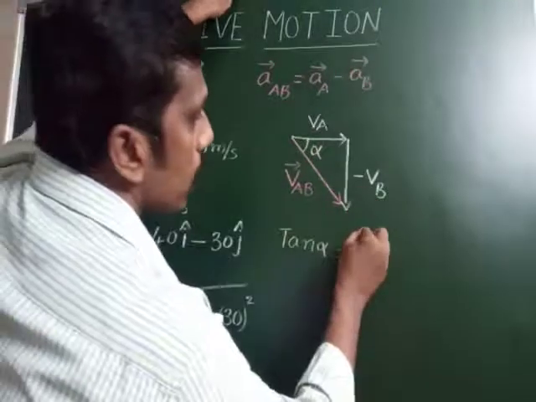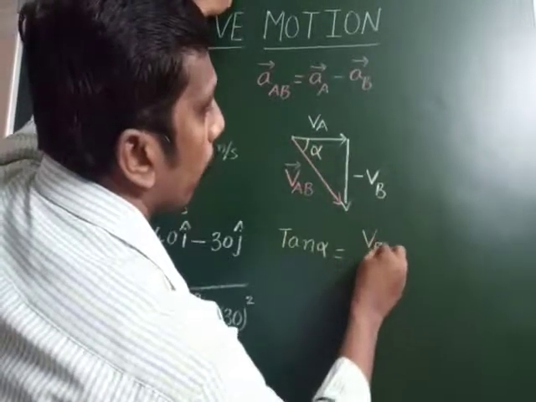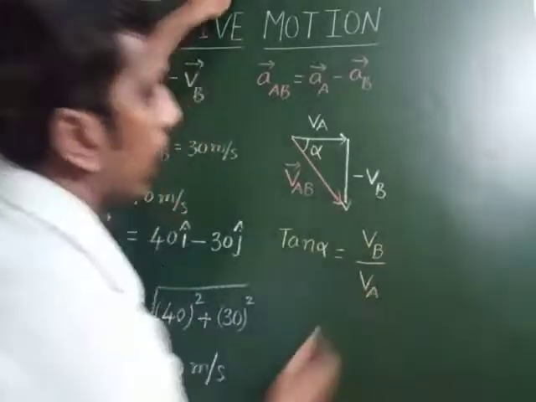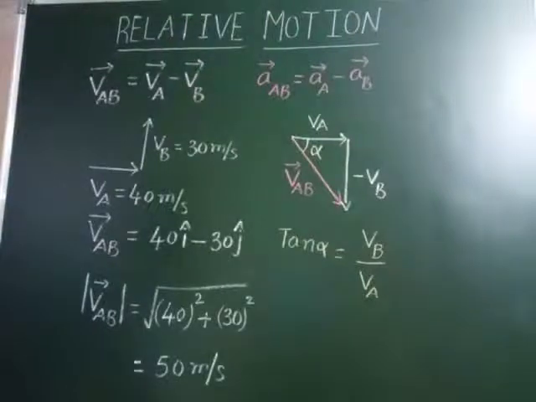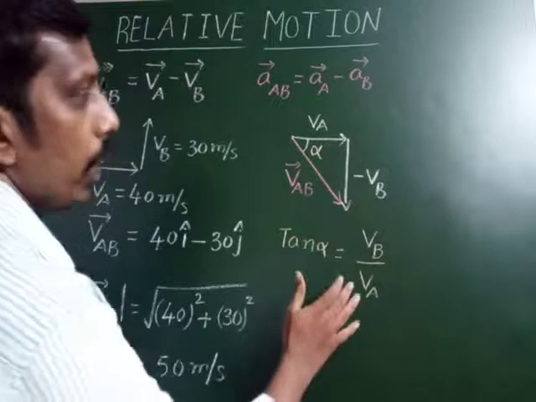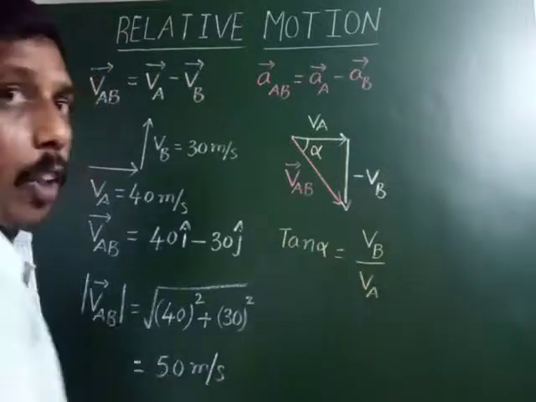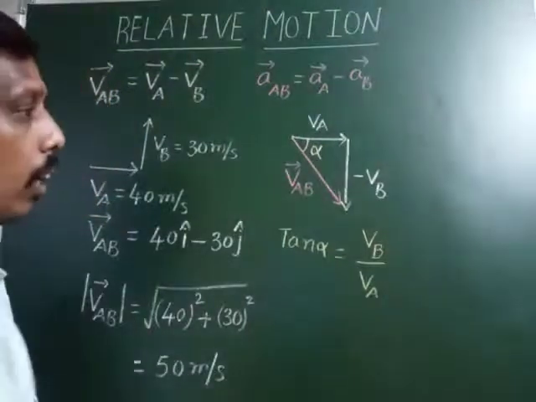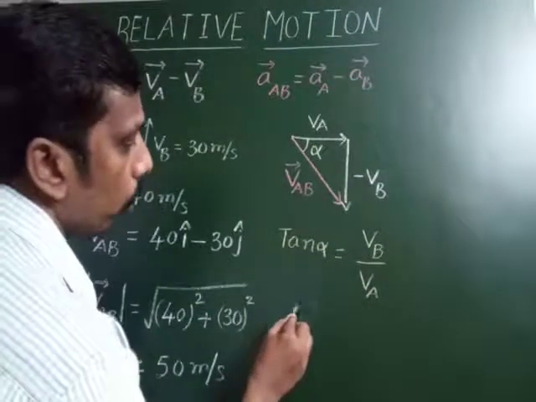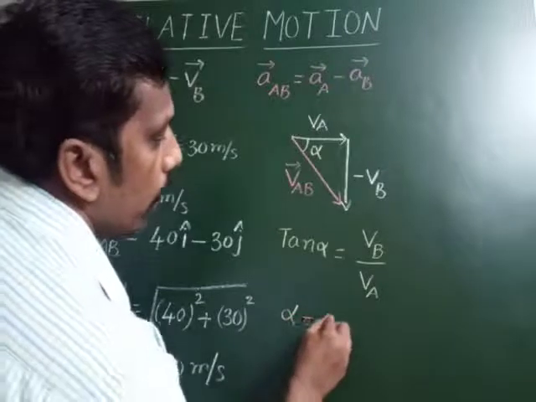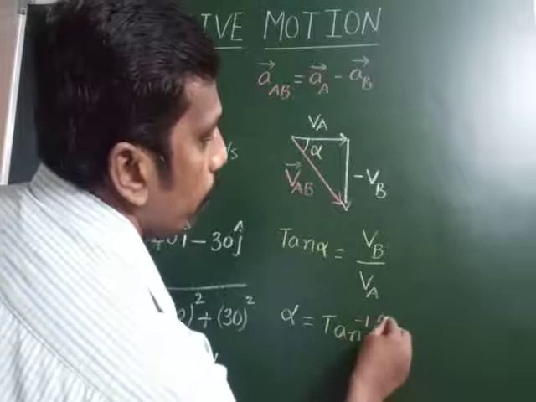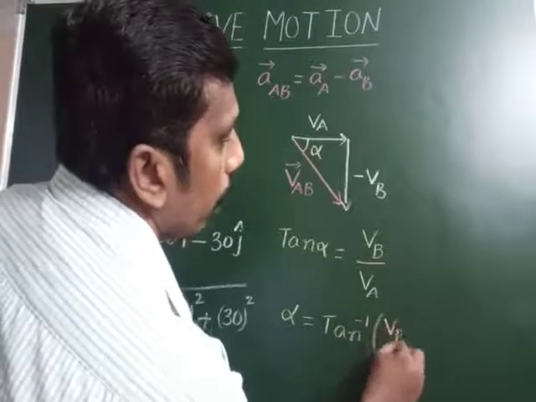Here the opposite side is VB, so tan alpha is equal to VB by VA. Here you consider only the magnitudes of velocity of B and velocity of A. From this, alpha is equal to tan inverse of VB by VA.